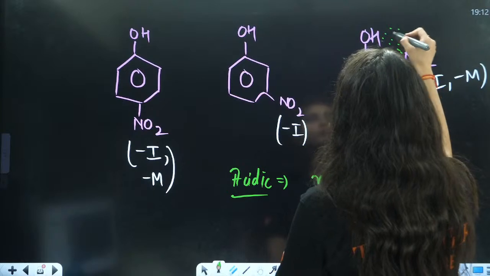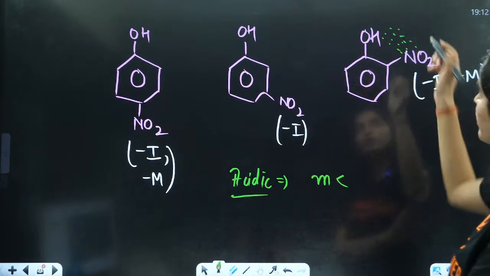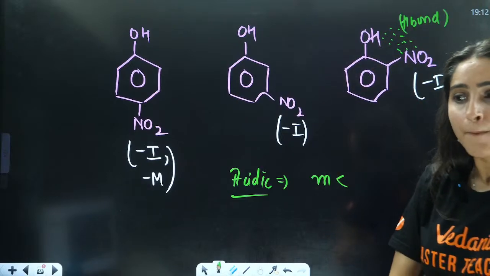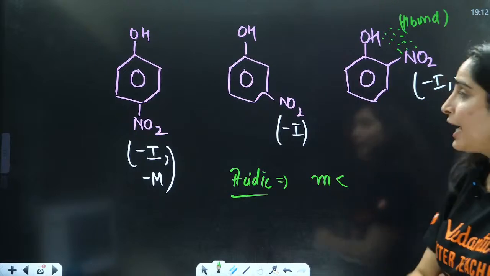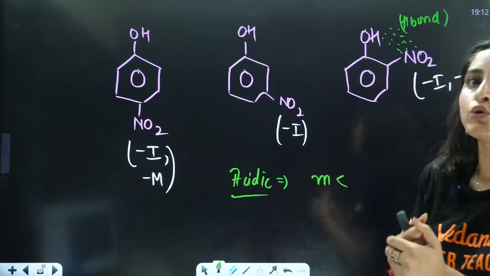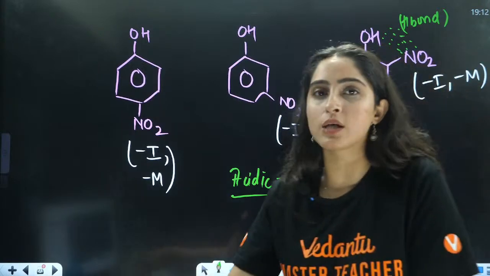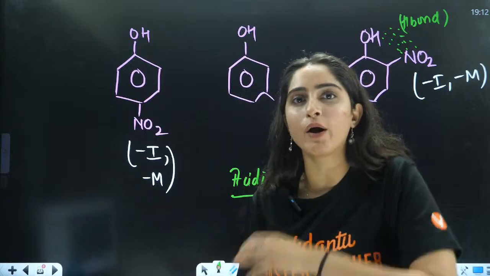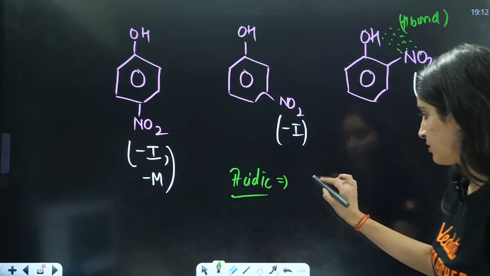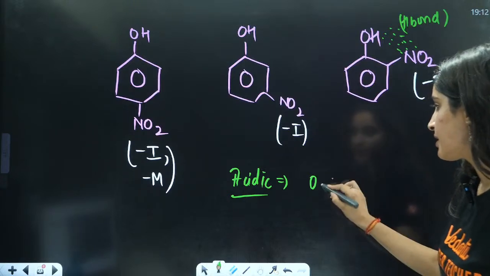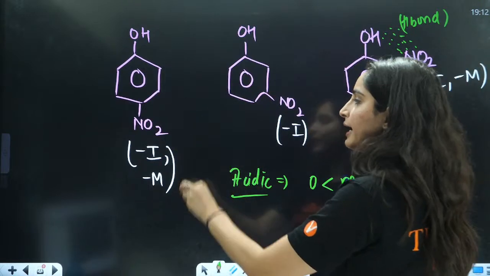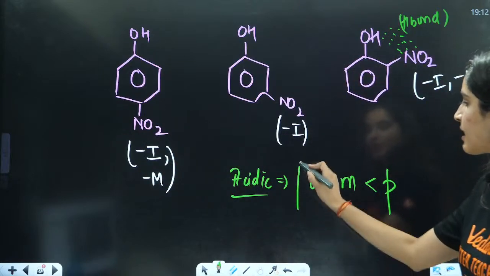So it is very difficult to lose this H positive because it is having hydrogen bonding. You are already bonded to someone, so it is very difficult to break that bond and lose H positive there. So that means ortho is even weaker. Para will be maximum because it has no hydrogen bonding. It has minus I and minus M effect. This is the acidic order.